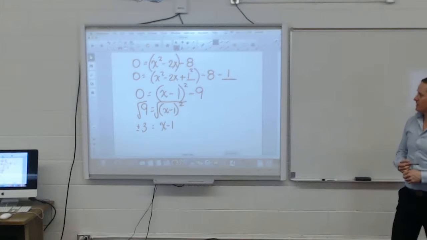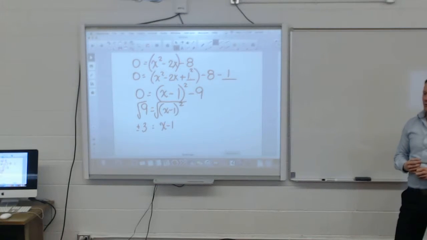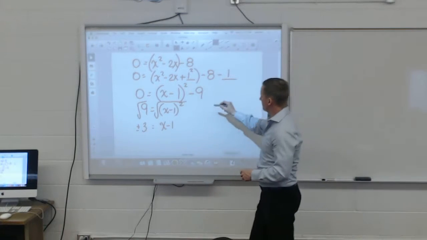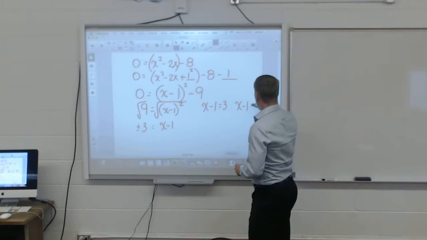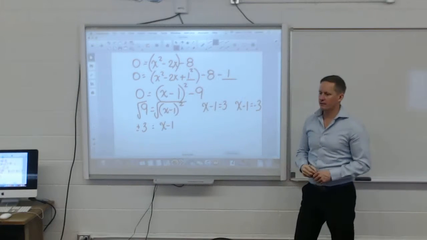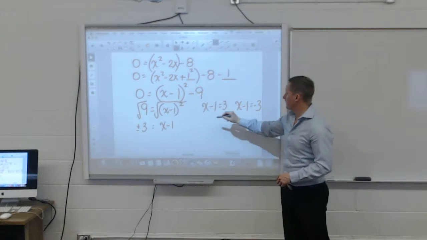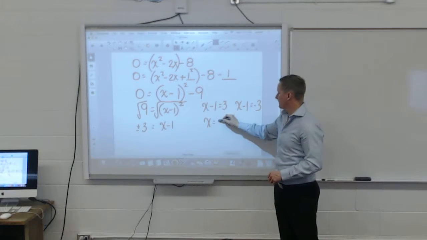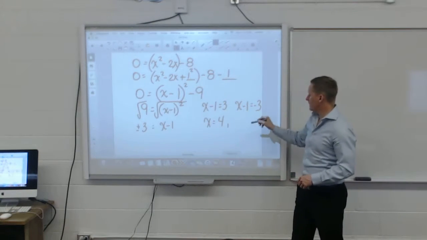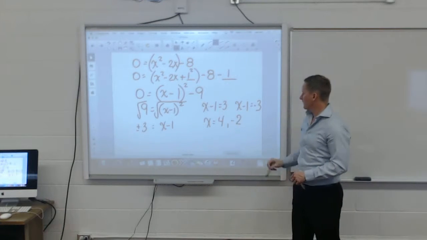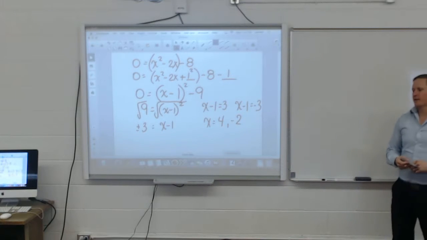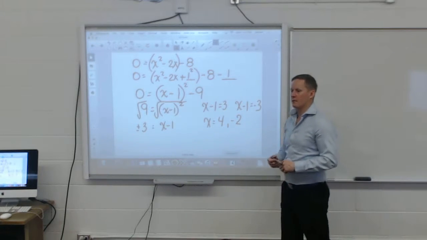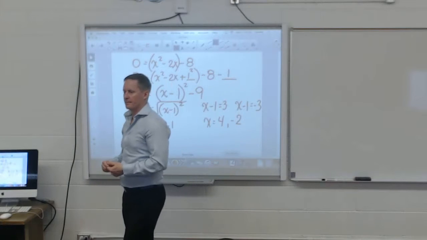So I have plus or minus 3 because that's the square root of 9 equals x minus 1. So now x minus 1 equals 3, x minus 1 equals negative 3. Let's solve. X is equal to 4, x is equal to negative 2. There's method number 3 on how to solve for the roots.